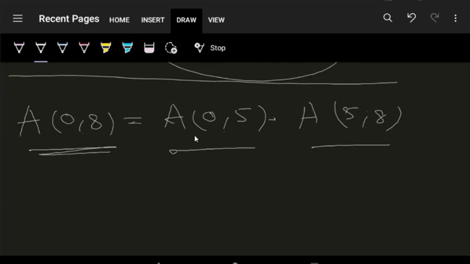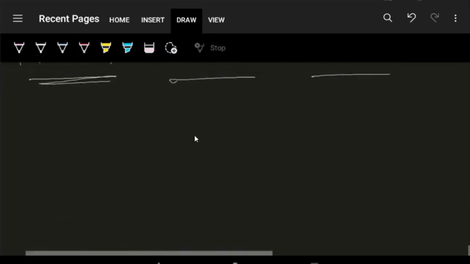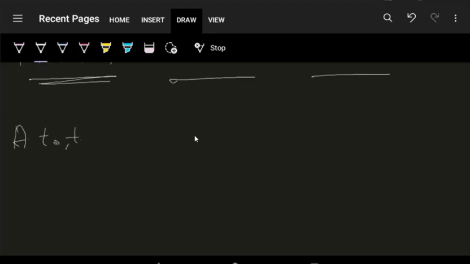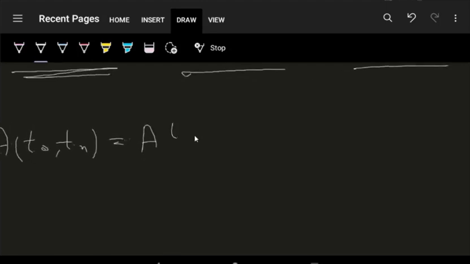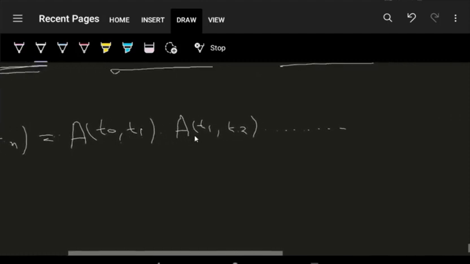So in general, the principle of consistency says, I am writing the general formula here, a(t0, tn) equals a(t0, t1) into a(t1, t2) and so on, a(tn minus 1, tn).